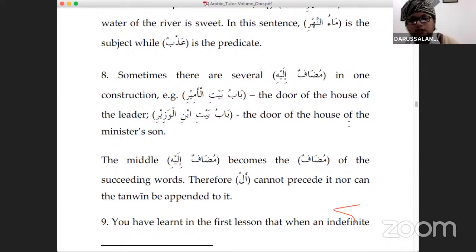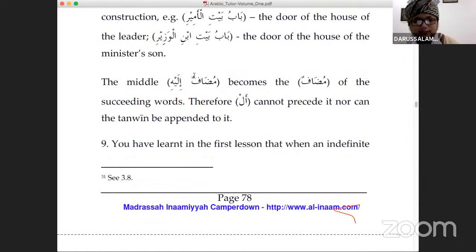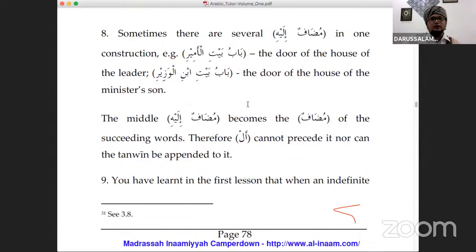Okay. So in this case, the mudaf ilay is the mudaf for the words after it. So for example, babu is mudaf, right? Babu is mudaf, and then baiti is mudaf ilay.